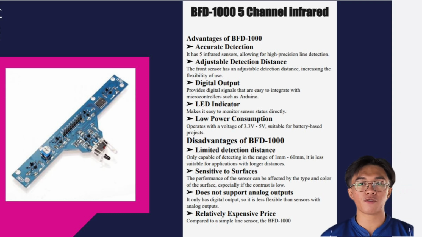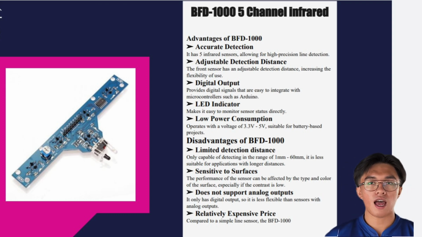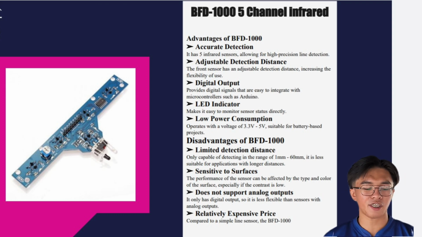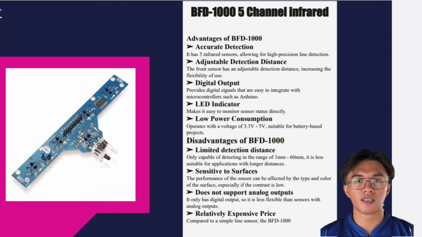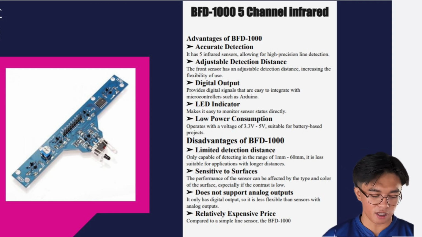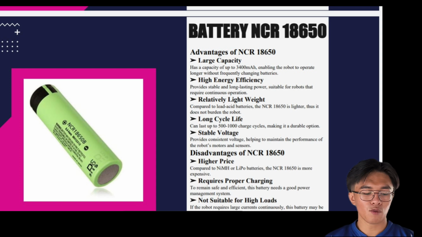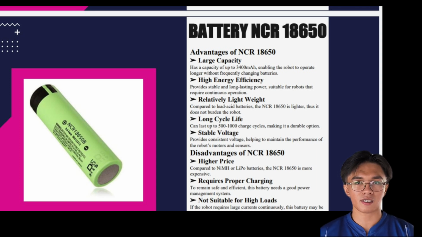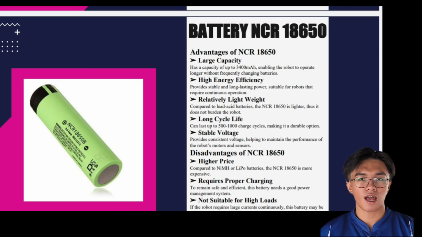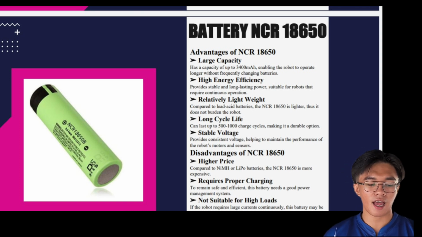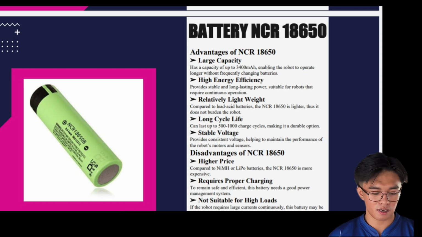Next, we use the HD-1000 standard infrared sensor because of accurate detection, adjustable detection distance, digital output, LED indicator, and low power consumption. And we use the NCR 18650 battery because of large capacity, high energy efficiency, and relatively light weight.